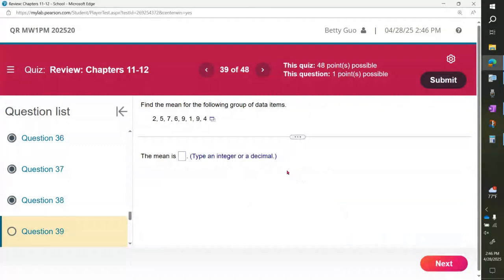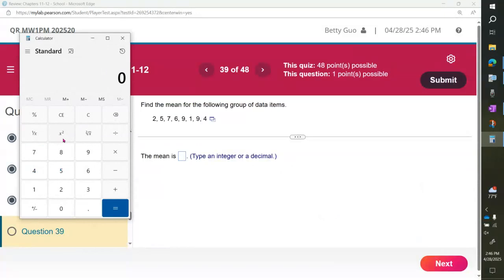Okay, find the mean for the following group of data items. Since this data set is so simple, we're going to manually find the mean. Okay, we have 8 values. 2 plus 5 plus 7 plus 6 plus 9 plus 1 plus 9 plus 4.